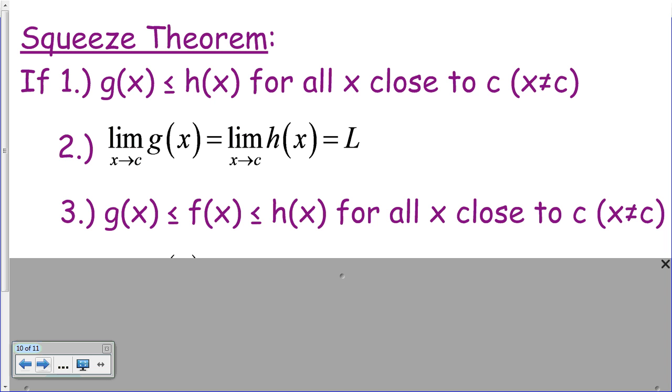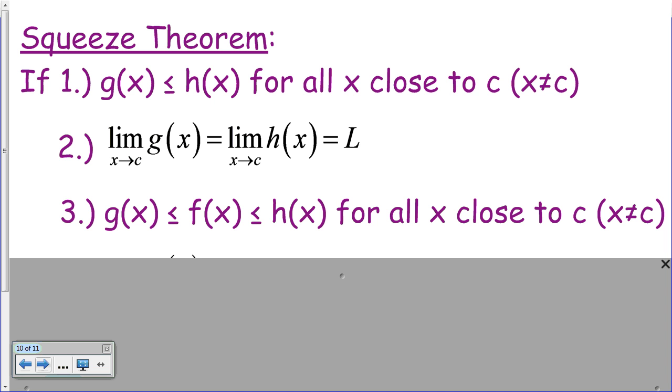But here's the theorem. There are 3 conditions or 3 hypotheses that you have to meet in order for the conclusion to be true here. The first one says if g of x is less than or equal to h of x for all x close to c. But you don't have to worry about what's happening right at c. So you have to come up with 2 functions, g and h, and show that function g is less than or equal to function h for x close to c.